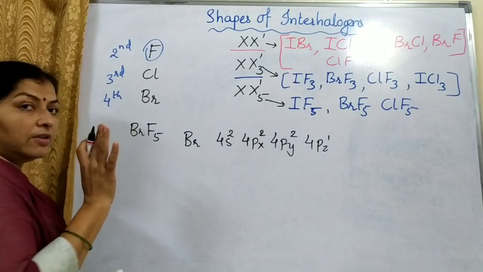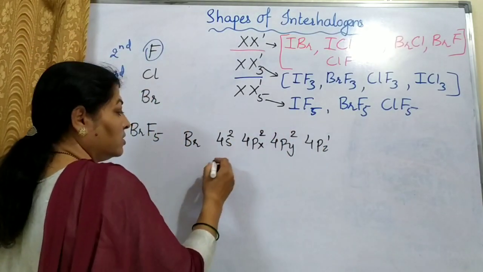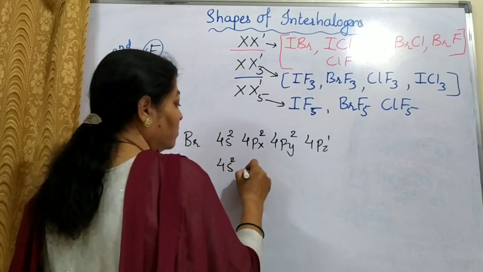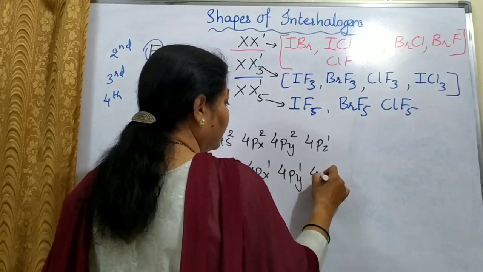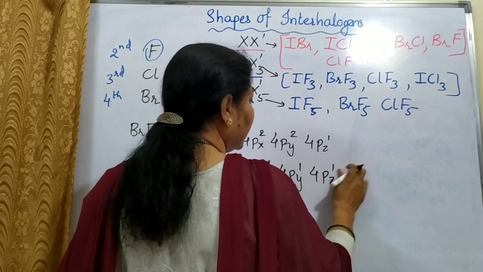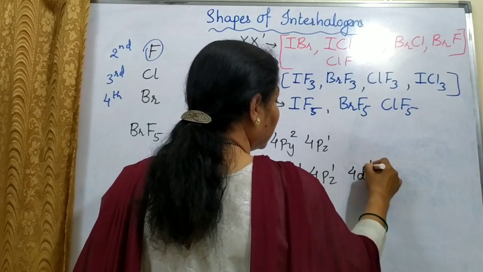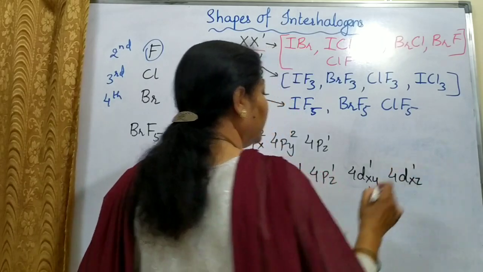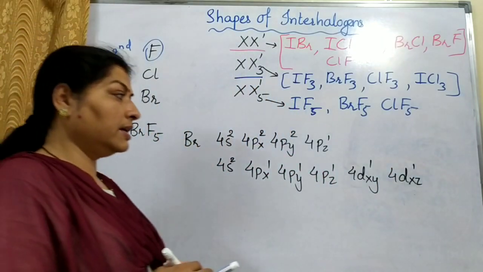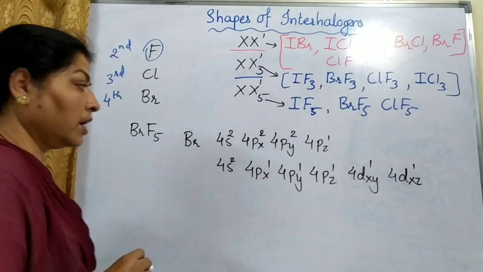Now it has to make 5 bonds, so it will require 5 unpaired electrons: 4s2, 4px1, 4py1, 4pz1, and one electron will move into the empty d orbitals, dxy, dxz or dyz, any you can take. They are all equivalent, they are degenerate.